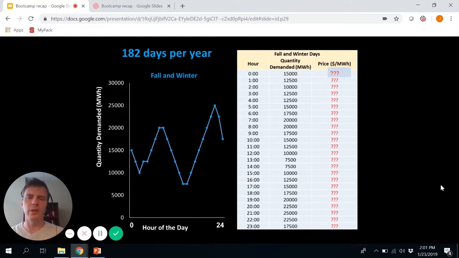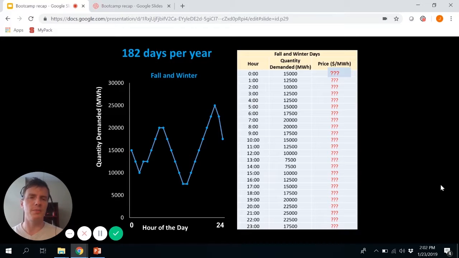So let's zero in on one of these categories, the fall and winter days. Now what I'm showing you is that same line graph that plots quantity of electricity demanded for each hour of the day. And what I'm showing you in the table is that same information. The first column is the hour of the day from 0, midnight, to 2300 or 11 p.m., and also the quantity of electricity demanded in megawatt hours.